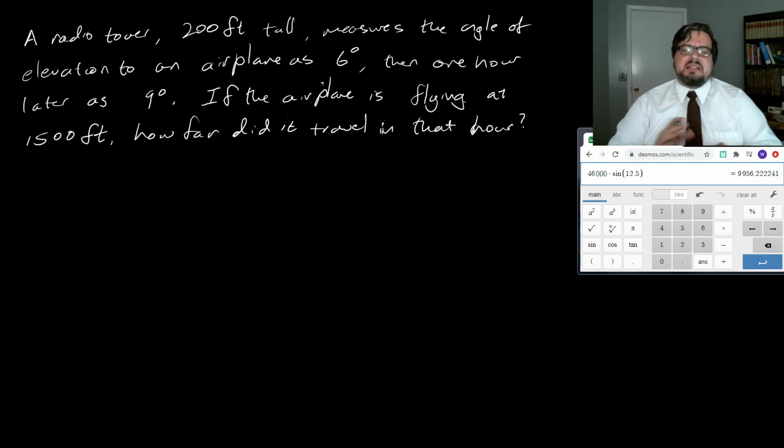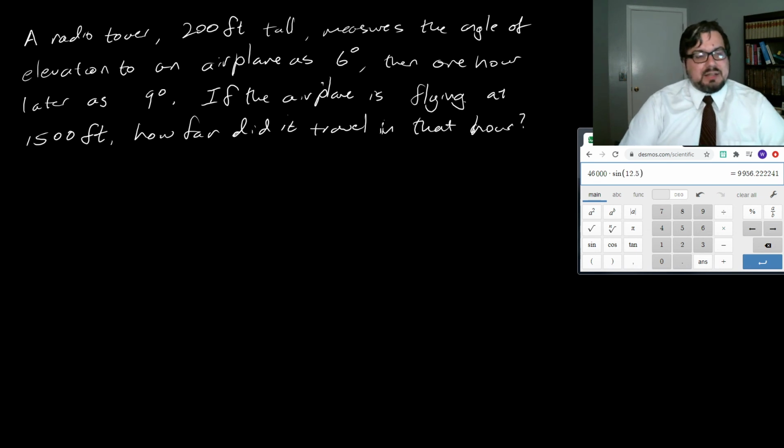And implicit in this problem is that the aircraft is flying toward the radio tower. It's not specified in here. So we'll round to the nearest foot again.